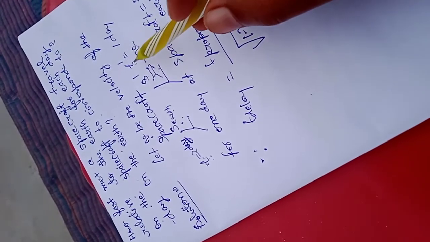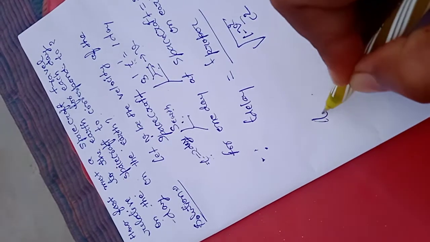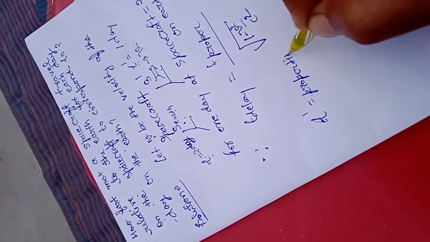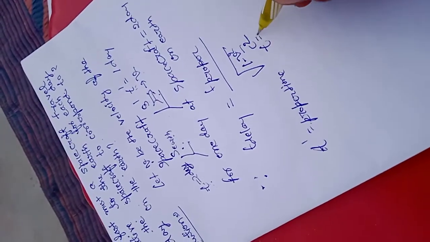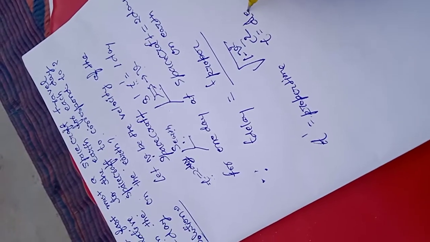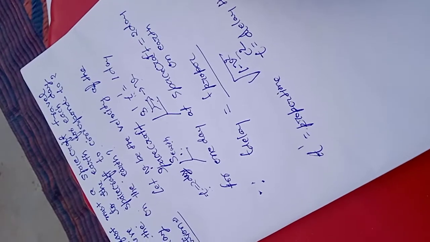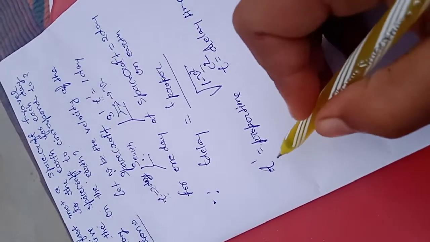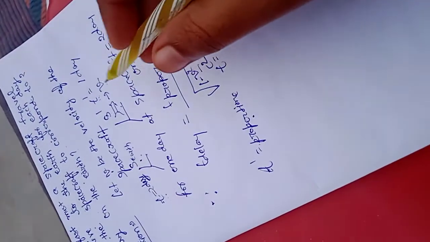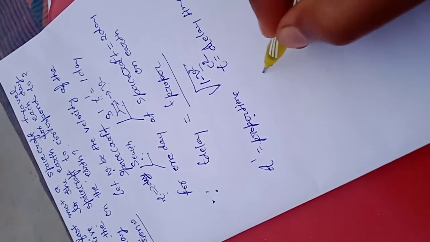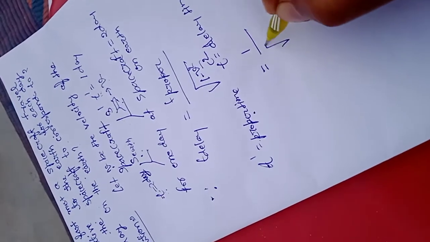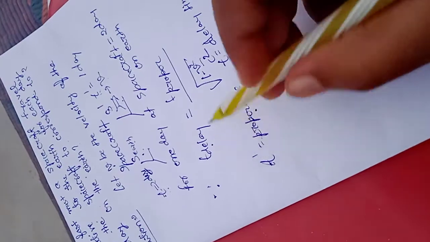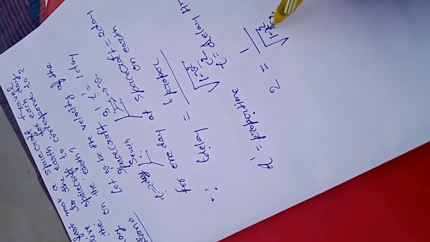Therefore t dash equals proper time and t is the delay time. T proper is 1 day and t delay is 2, and we have to calculate v.